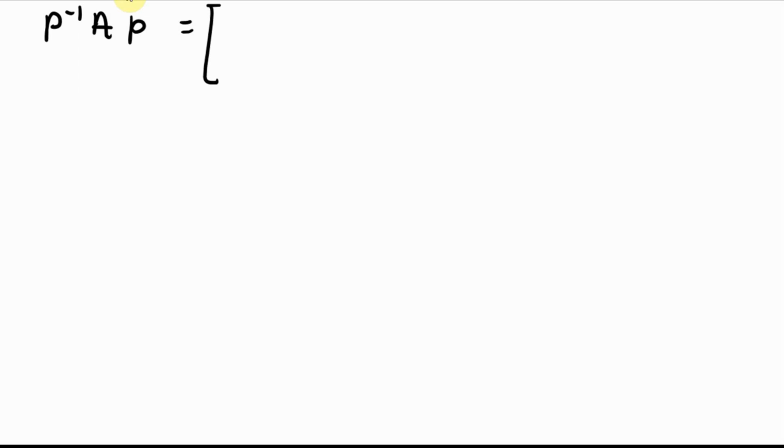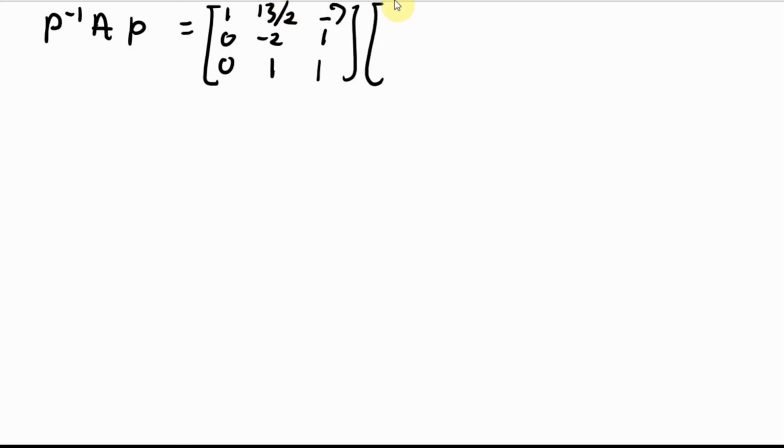I put this in the calculator. I put P in there. So that's 1, 0, 0, and then 13 over 2, -2, 1, -7, 1 and 1, times the matrix A. I put the matrix A in the graphing calculator.